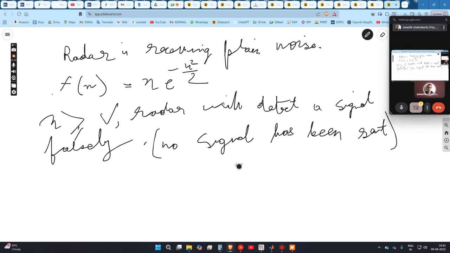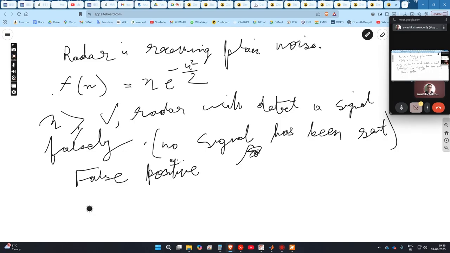So that is why it's called a false positive. In the absence of a signal, you are detecting the presence of a signal. So you are doing false detection, but in the positive direction. You are finding something when there is nothing. So that is a false positive.